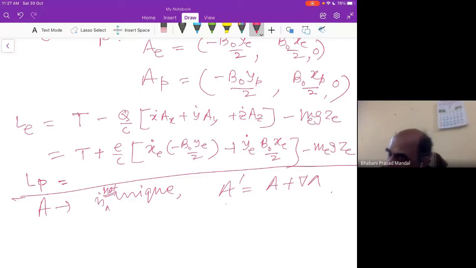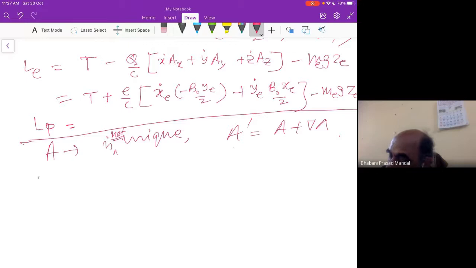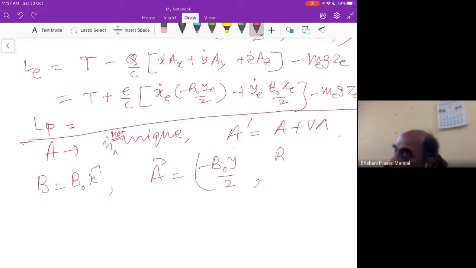So for example, suppose I say B equals B0 k direction, and I give a vector potential A1 equal to minus B0 y by 2, B0 x by 2, and 0. Now I give another, A2, equal to minus B0 y, 0, 0.